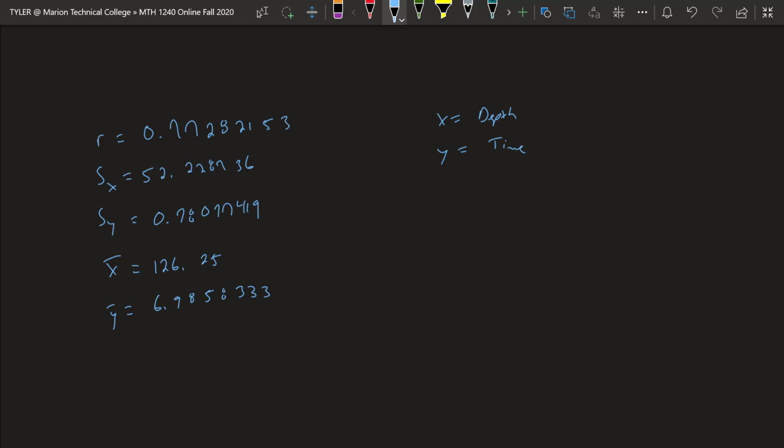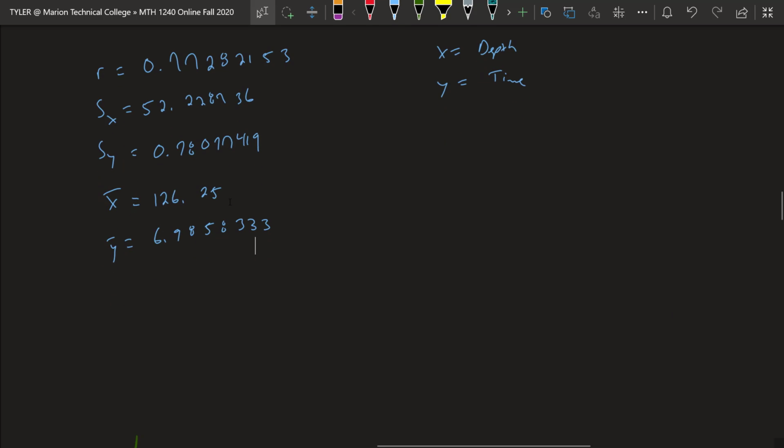Right, so now that I have these values, I can calculate them, right? So the slope is b sub 1. That's equal to r times s sub y over s sub x. So just filling these values in, we would have the following product to calculate.